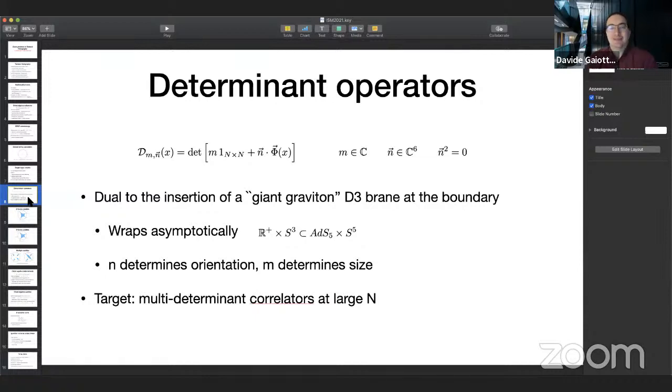So it's possible that some of the phenomena you observe are actually associated to string theory in a strongly curved AdS rather than supergravity in a weakly curved AdS. It's hard to know. Still, non-perturbative information about either string theory or supergravity should be interesting.